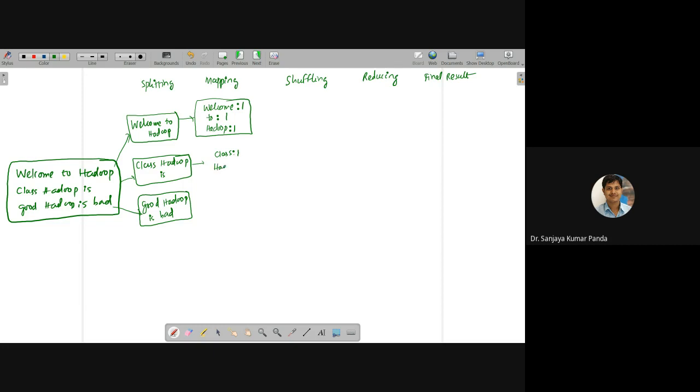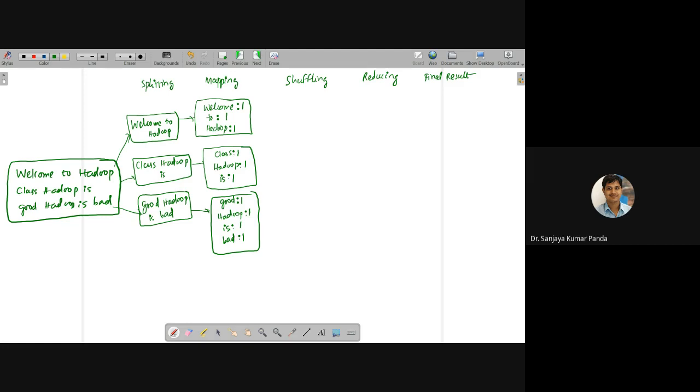Hadoop is one time. Is is one time. It is done. Next, good is one time. Hadoop is one time. Is is one time. And bad is one time. Right? We have taken individual occurrences.